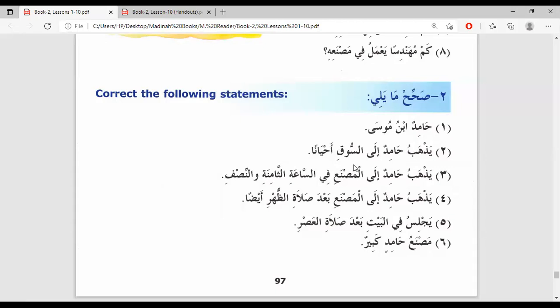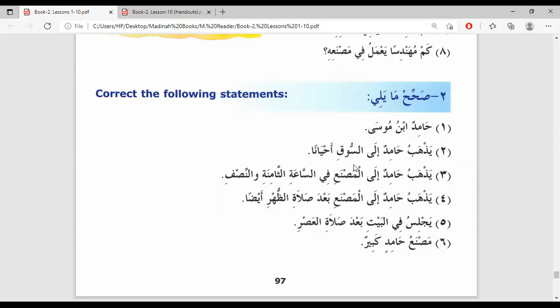Yes. Okay, so this is true or sahih or ghair sahih? Musa ibn Hamid. So you're not sure whether it is correct or incorrect. Musa was the son of Hamid. So Musa ibn Hamid. Yeah, so this is incorrect.